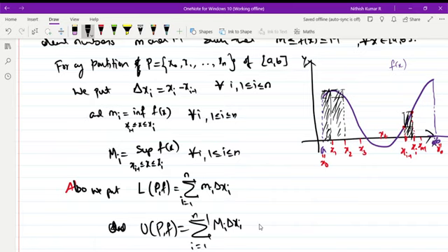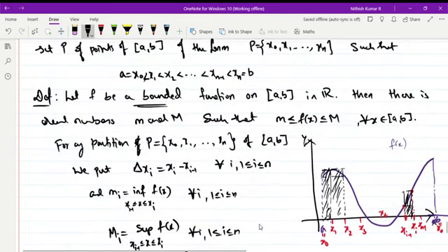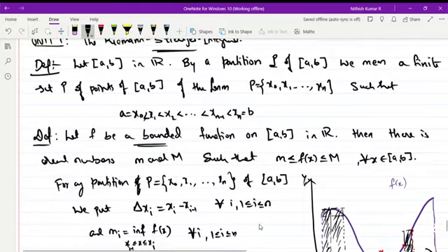Okay, now if you observe m and these mi's, small m is the smallest value of f, because it's bounded. We can say it's the infimum of f over the closed interval a comma b, and capital M is the supremum of f over the closed interval a comma b.